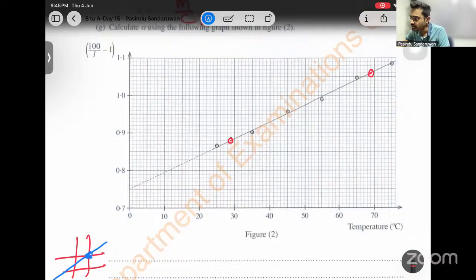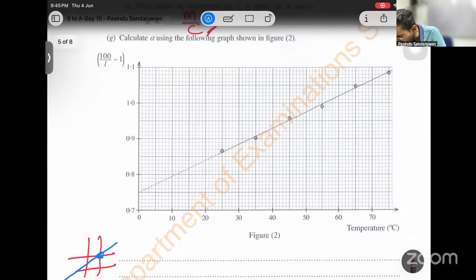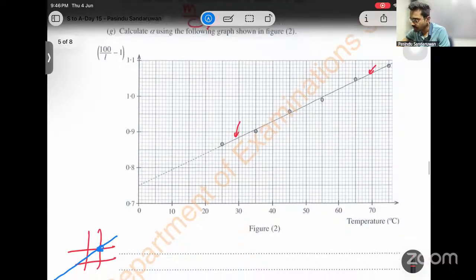I'll just put a dot, or should I put an arrow? One point that I have selected is here, with exact intersections. And the other point I have selected is here. Those two are the two points selected.